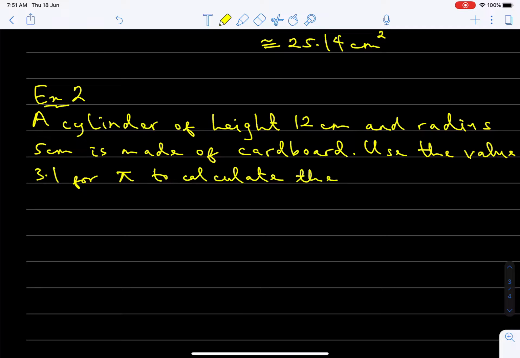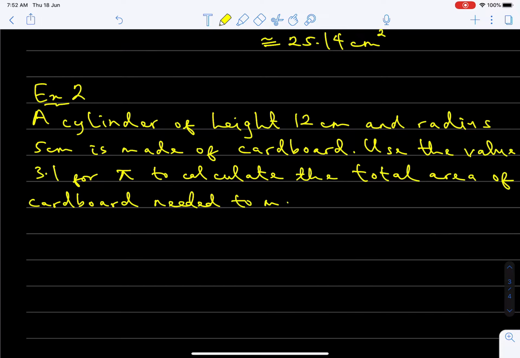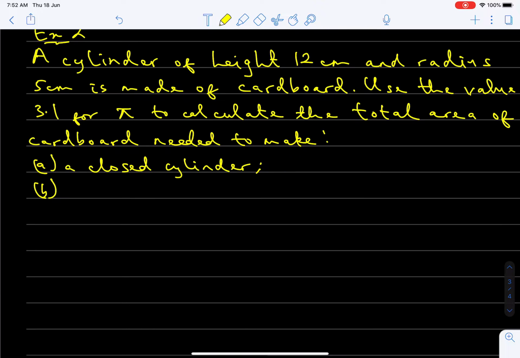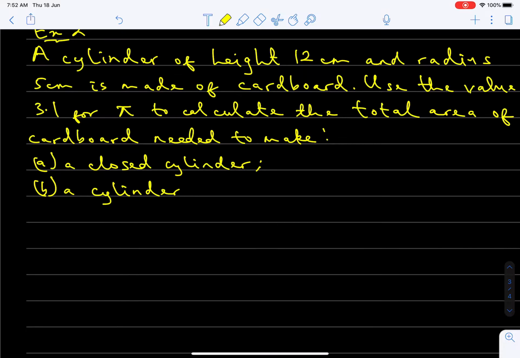To calculate the total area of cardboard needed to make A, a closed cylinder, and B, a cylinder open at one end.